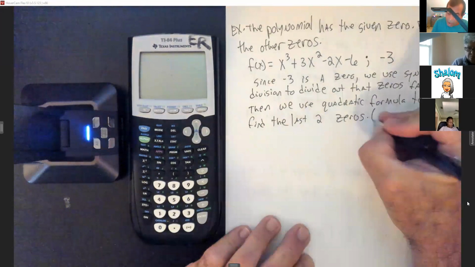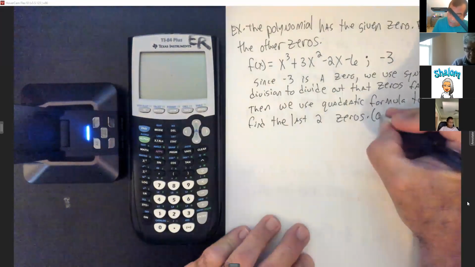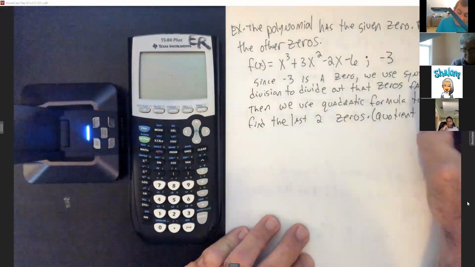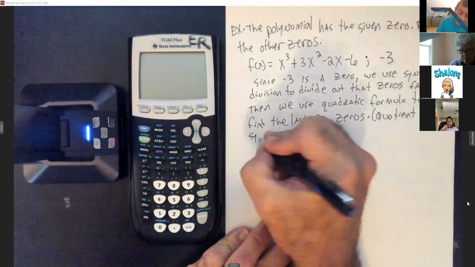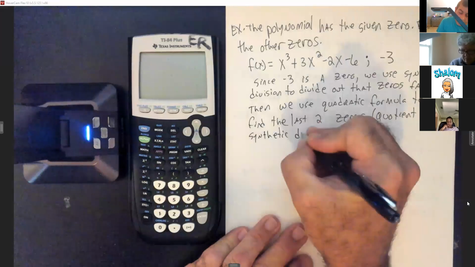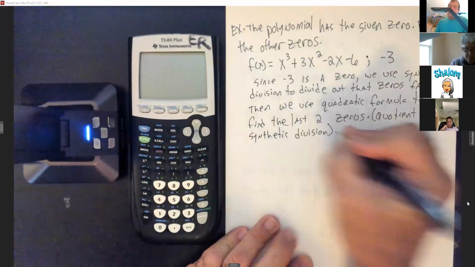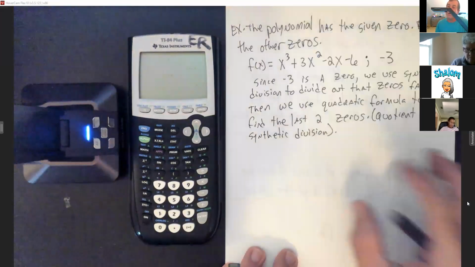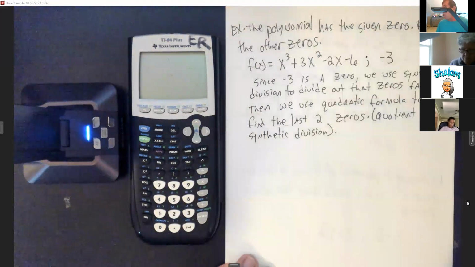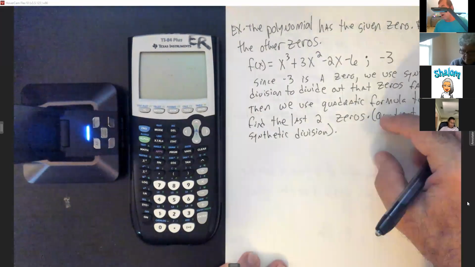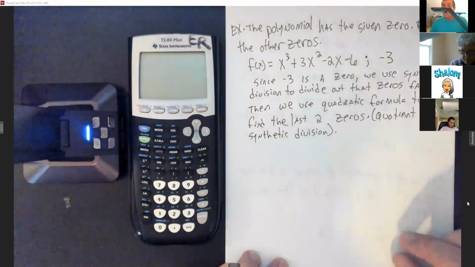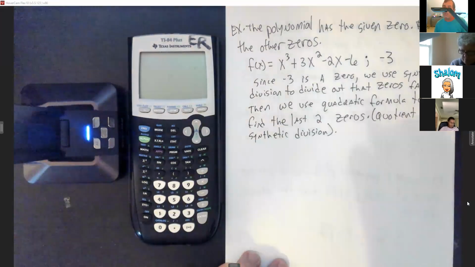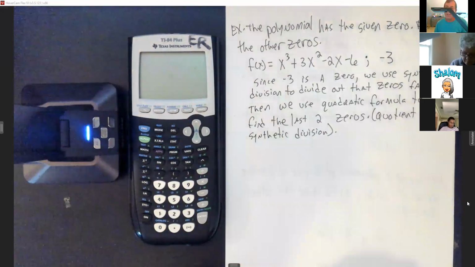And to find them, I'm going to use the quotient of my synthetic division. So when it starts with an x3, you got to get the quotient down to an x2 and then use the quadratic formula. The one after this example has an x4, so you do synthetic division twice, then you can use the quad to get the last two zeros. So we can always use the quad for the last two zeros. It's just getting to that point, okay?